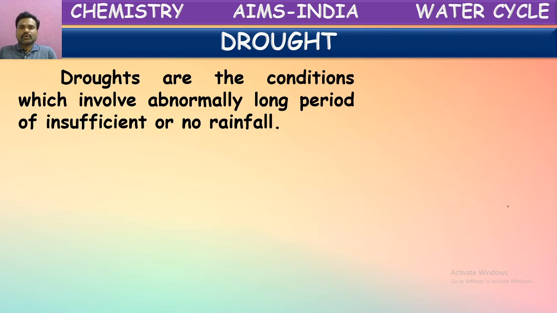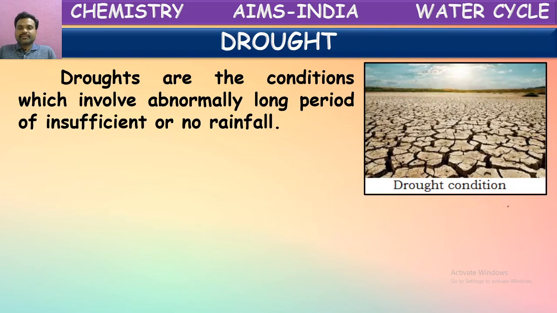We discussed now that when it rains heavily, it causes floods. If it doesn't rain for a long time, then what happens? It results in drought. Drought is the condition where there is no rainfall or very little rainfall for a long period. That condition is called drought.